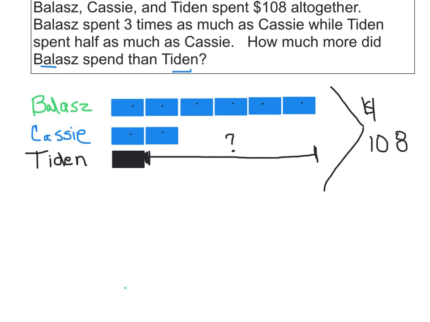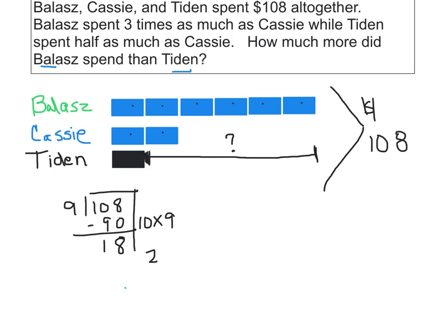So I'm going to split that $108 between the 9 equal boxes. That would be 10 groups of 9, which would be 90. I have 18 to still split between my 9 boxes. So that would be 2 in each box, because 2 times 9 is 18. And I have no more to split. That means I have 12 in each box.